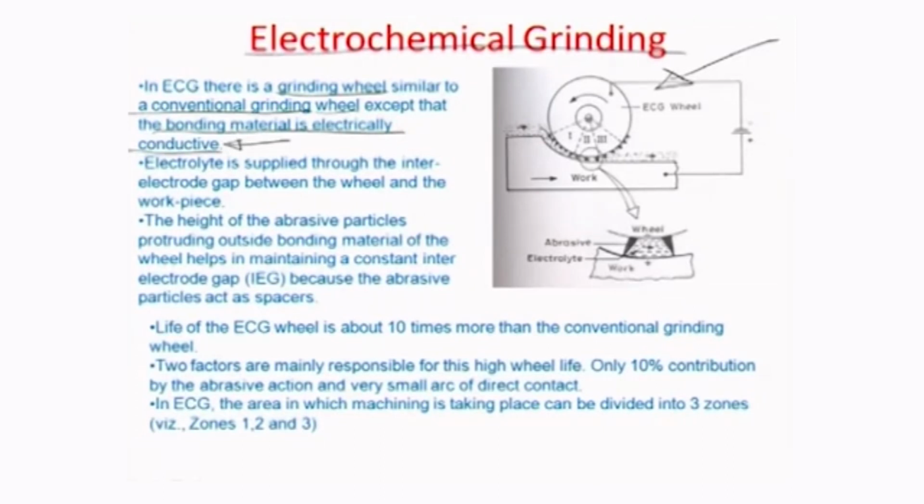It has to be essentially an electrically conductive binding material to make the ECG wheel. The electrolyte is supplied through the IEG, or the inter-electrode gap. In this particular case, this gap right here is the IEG, and that happens between the ECG wheel and the workpiece.